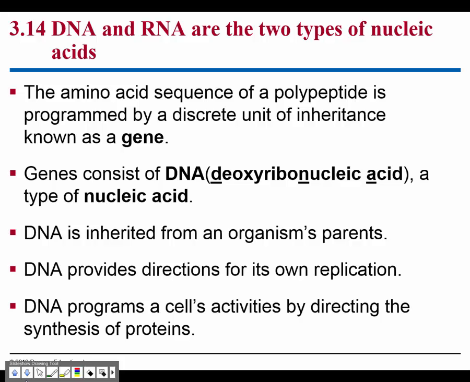So genes consist of DNA, deoxyribonucleic acid, which is a type of nucleic acid. You inherit that from your parents, and that DNA is kind of the recipe book, the blueprint, if you will, for its own replication and creating proteins.